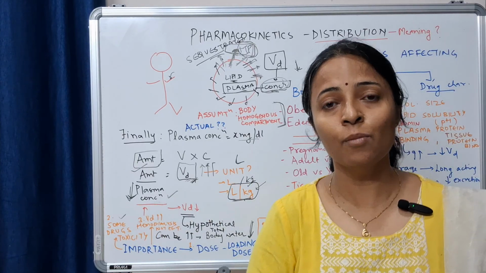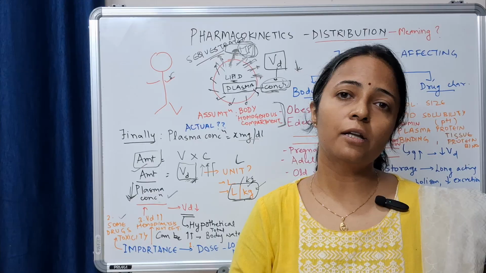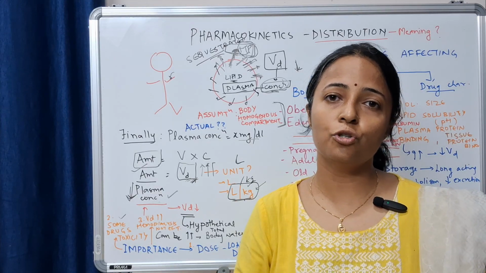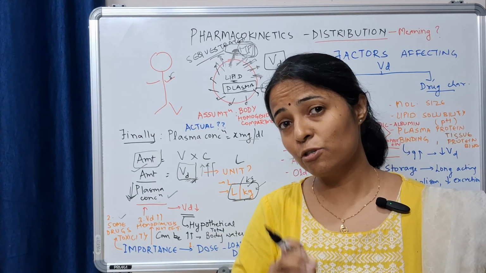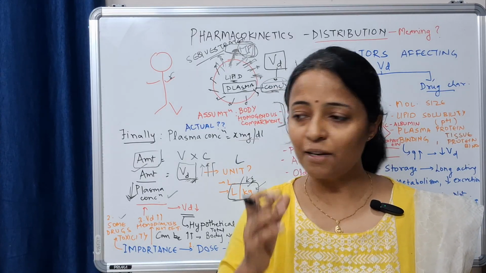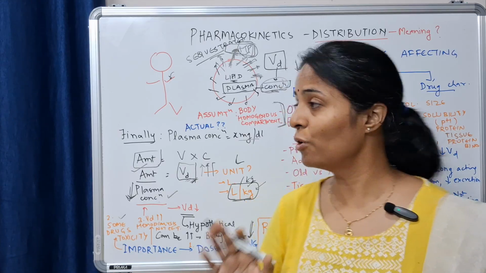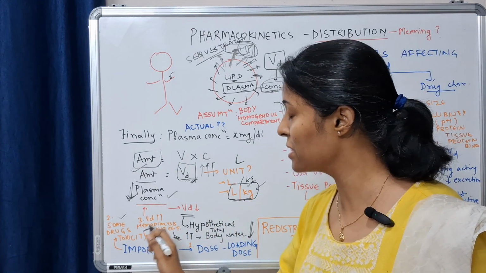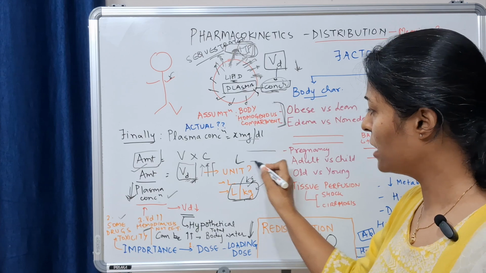Third is the hemodialysis concept. See, if a drug is going and binding to certain tissues and much less of it is available in the plasma, and if toxicity occurs, then when we are doing hemodialysis, in hemodialysis what is happening? We are taking the concept of drug diffusion.